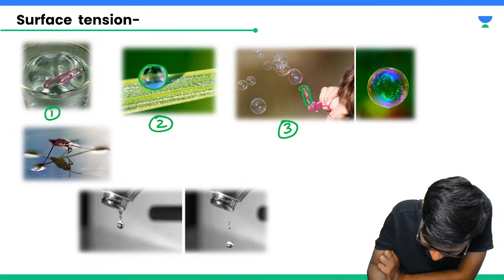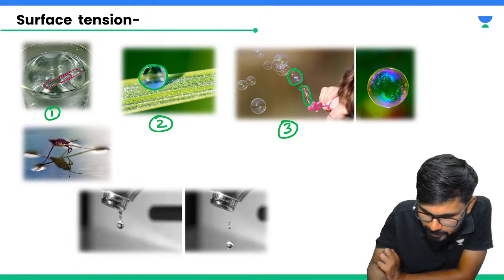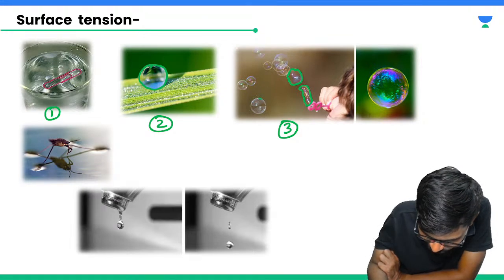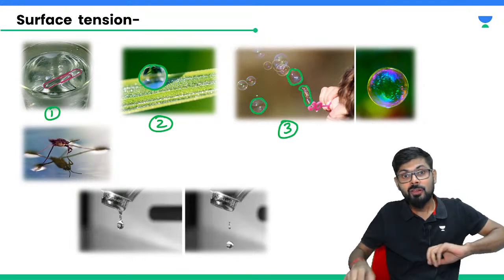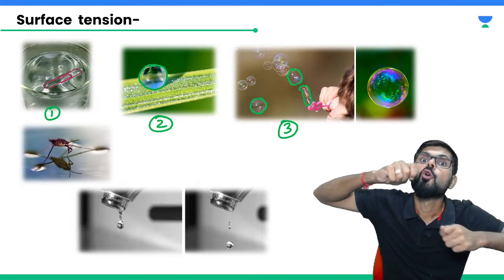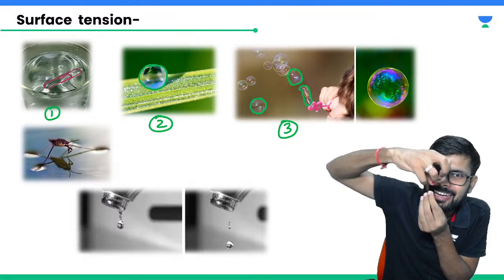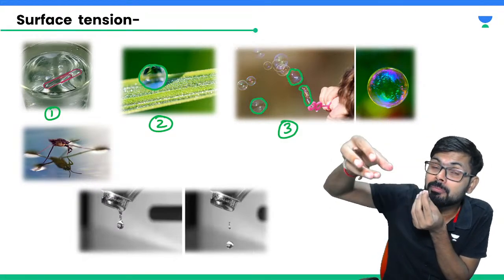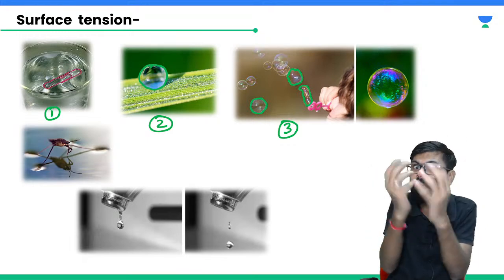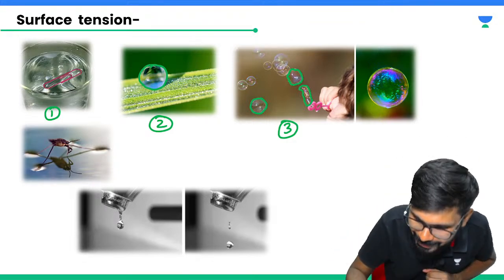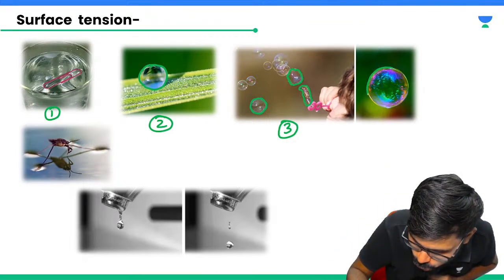No. Is this one spherical in shape? No. But after some time it is spherical in shape. What I am trying to say is, when you are blowing, at that time there is some random shape, but after some time it automatically comes to the spherical shape, the soap bubble.